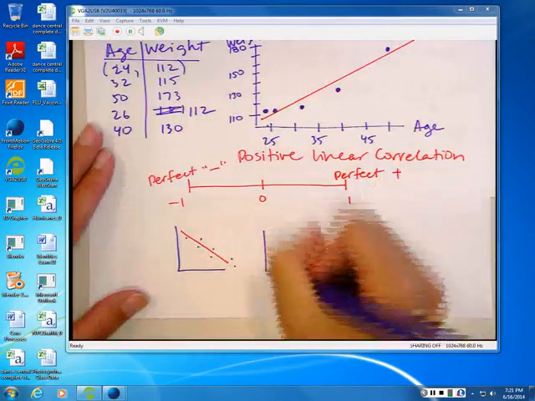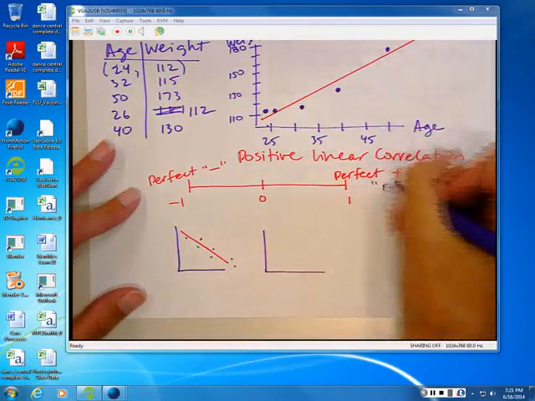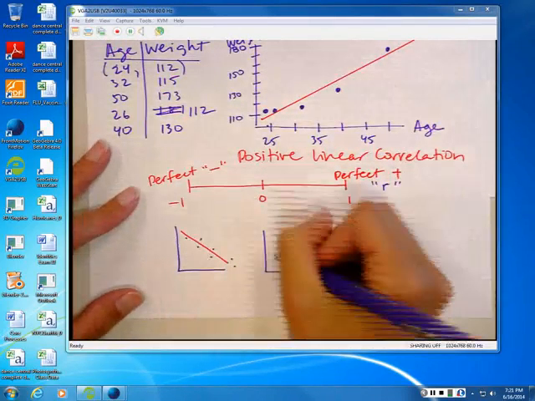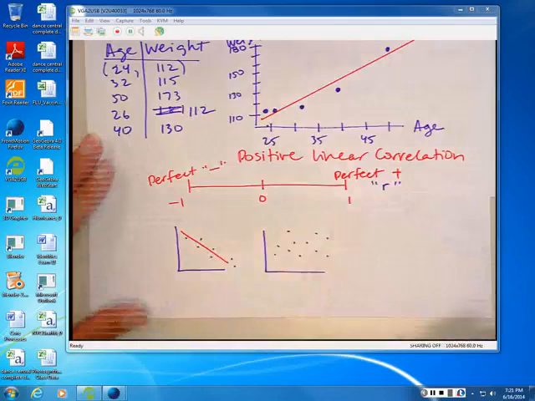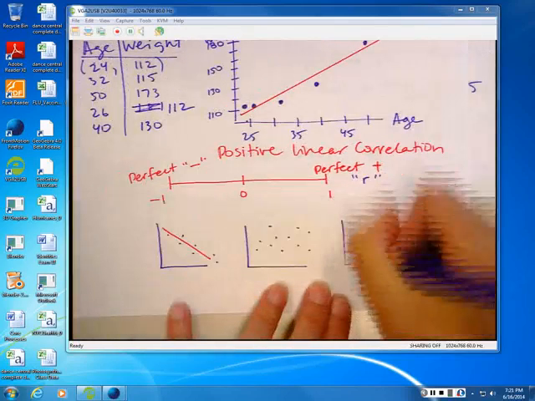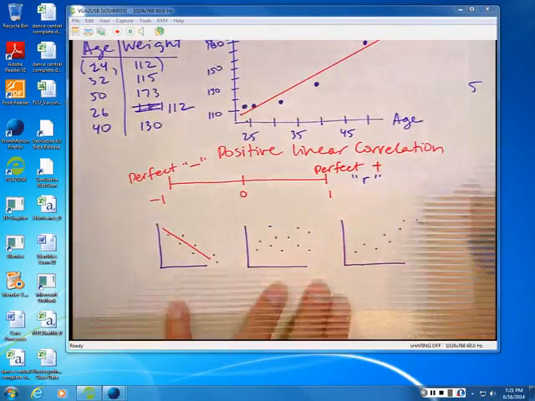These are our correlation coefficients. This is my R value. If that R value was 0, then I would have no correlation at all. They'd just be scattered. You can see how those values don't go up or down. And then we already saw one that was positive. So I'll draw one again. One that was positive might look like this.